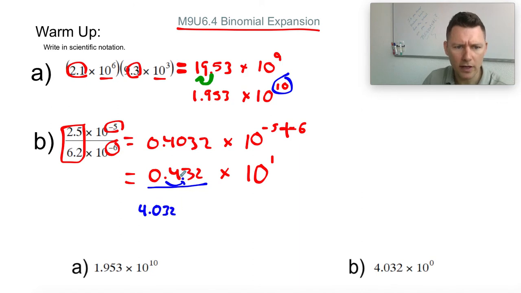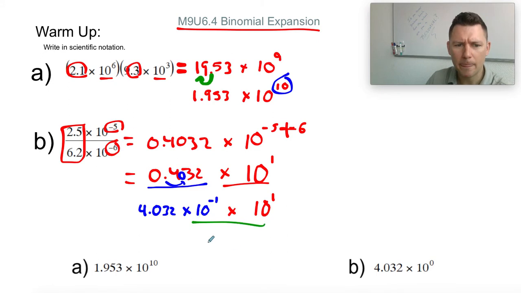This should have an extra 0 in here, right? Times 10 to the negative 1, right? And then we still have this chunk sitting off the back, times 10 to the first. And then you recombine these, and 10 to the negative 1 times 10 to the first is 10 to the 0.